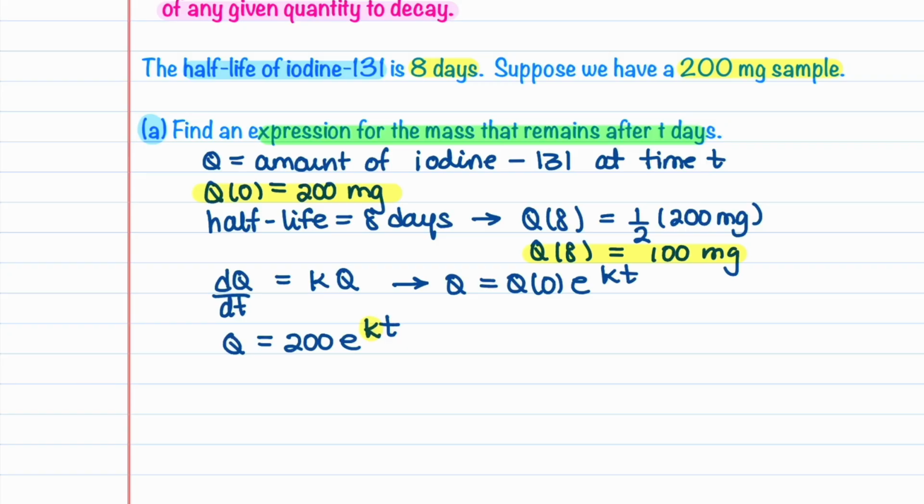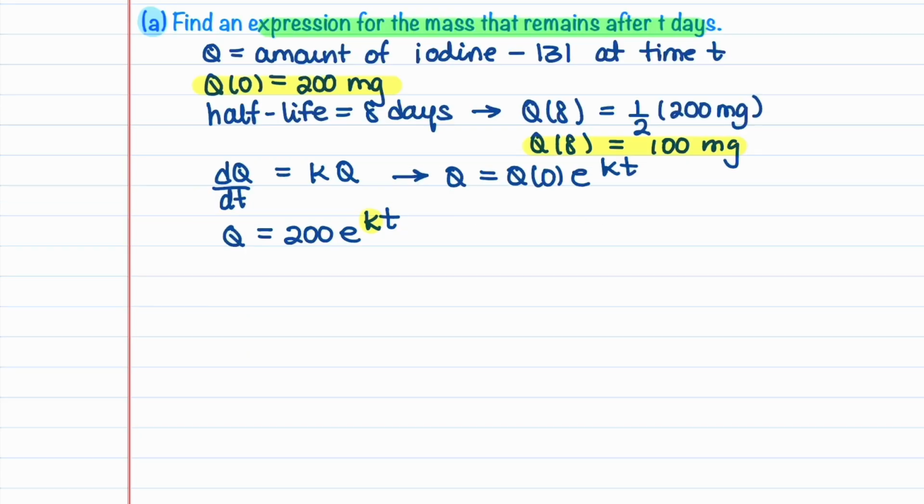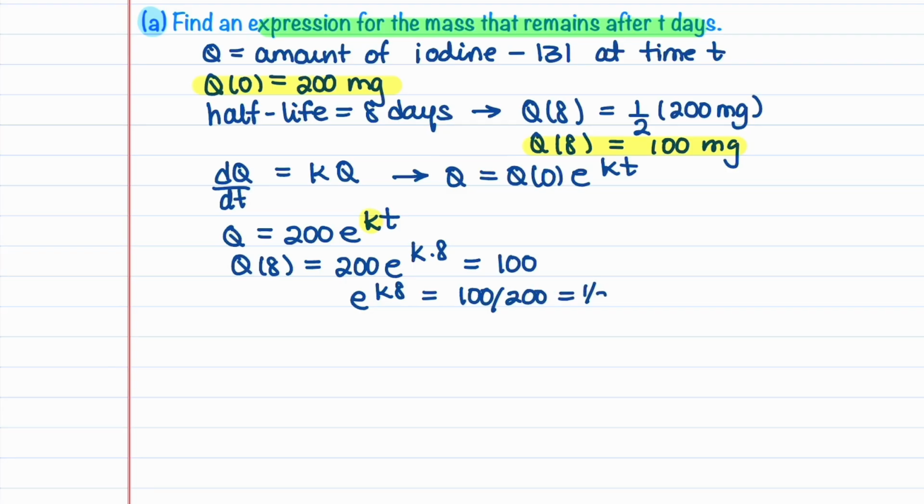Now all we have to do is find k, and we can use that Q of 8 is equal to 100 to get that. Q of 8 is then 200 e to the k times 8, and that is equal to 100. Let's divide both sides by 200. So we get e to the k times 8 is equal to 100 over 200. So that's just 1/2.